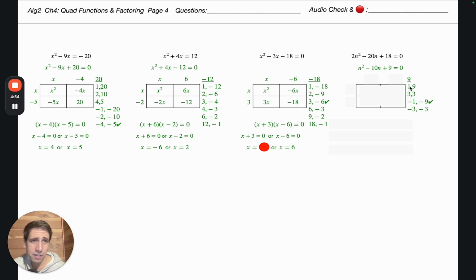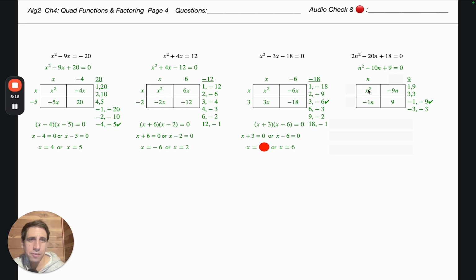Here they are. The positive ones aren't going to work. You actually need negative 10, because negative 1 times negative 9 is positive 9, and then negative 1 plus negative 9 is also negative 10. That means I'm going to split up this negative 10 into negative 9n and negative 1n. Greatest common factor. Oop, that should be an n.